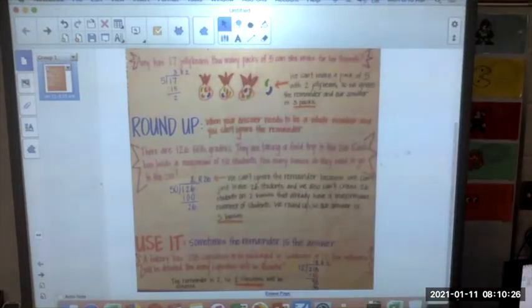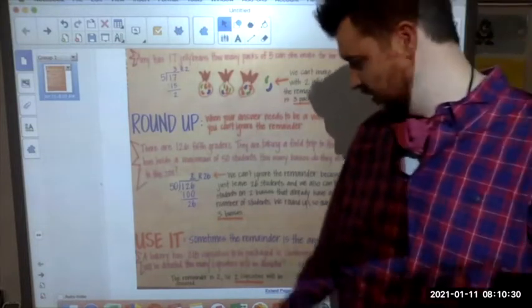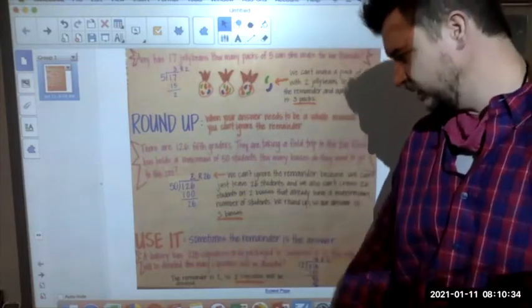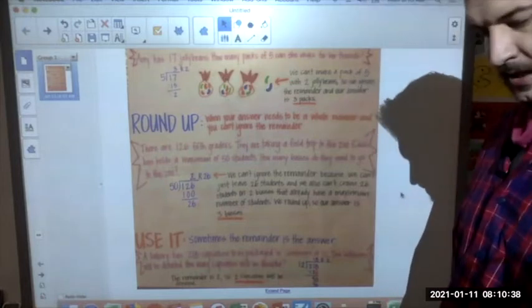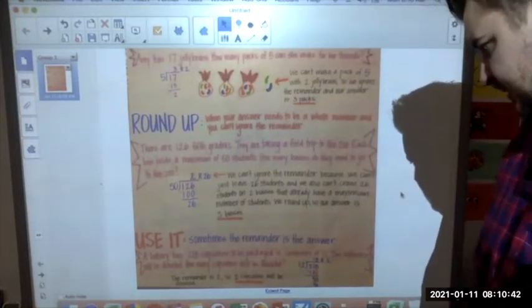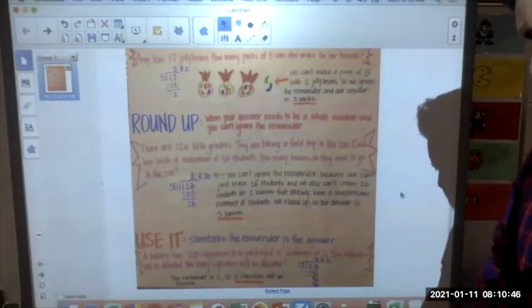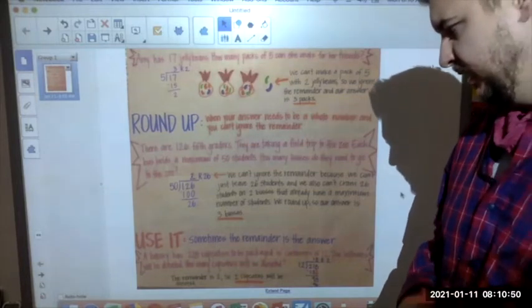All right, so the last one is use it. Sometimes the remainder is the answer. So a bakery has 218 cupcakes, and to package that contains 12, the leftovers will be donated. How many cupcakes are donated?